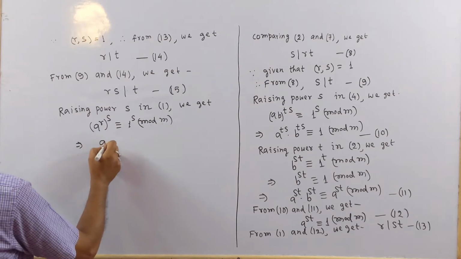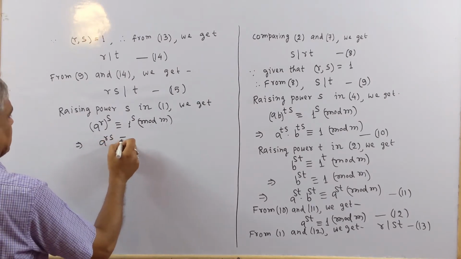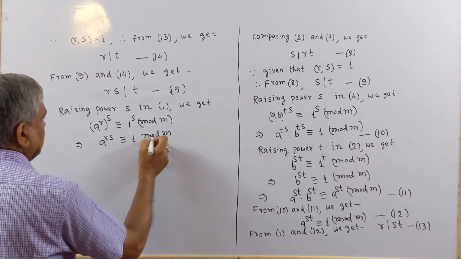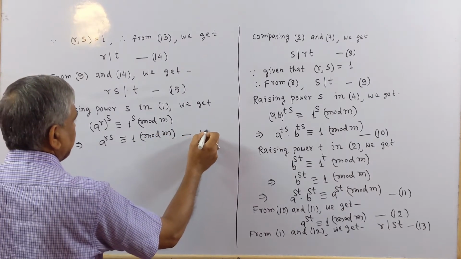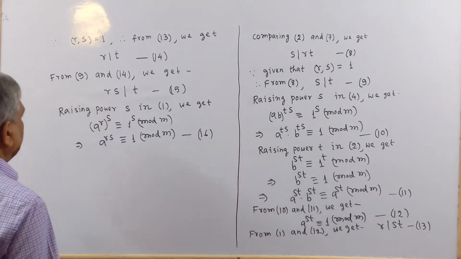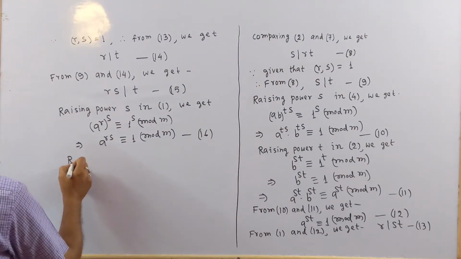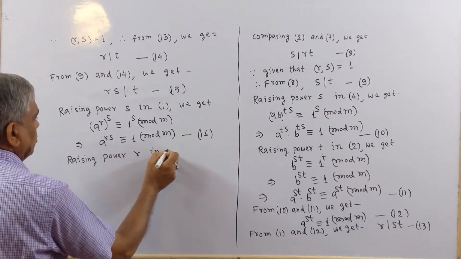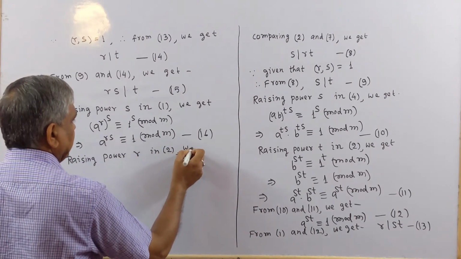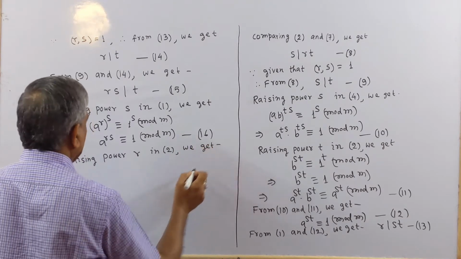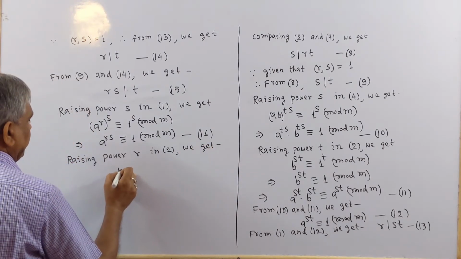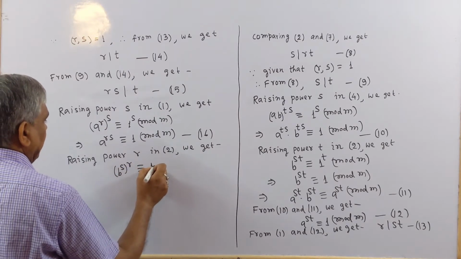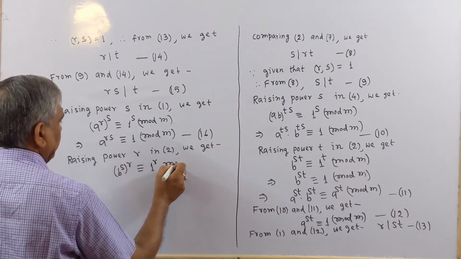Implies that a to the power rs is congruent to 1 modulo m. Let this be number 16. Raising power r in 2, we get b to the power s to the power r is congruent to 1 to the power r modulo m.